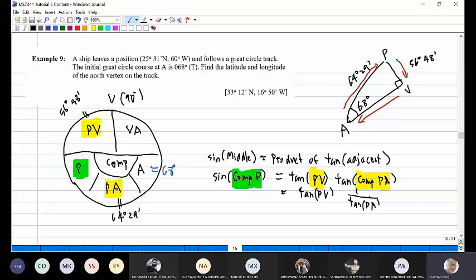Yeah. So you actually got this. Although you don't need to do this, because there are some people who don't like this, but I always do this because it saves a lot of calculation. So tangent of co PA is 1 over tangent PA here. So put down the values here.